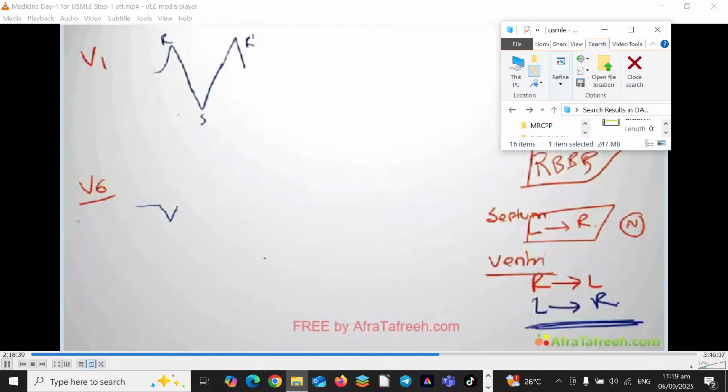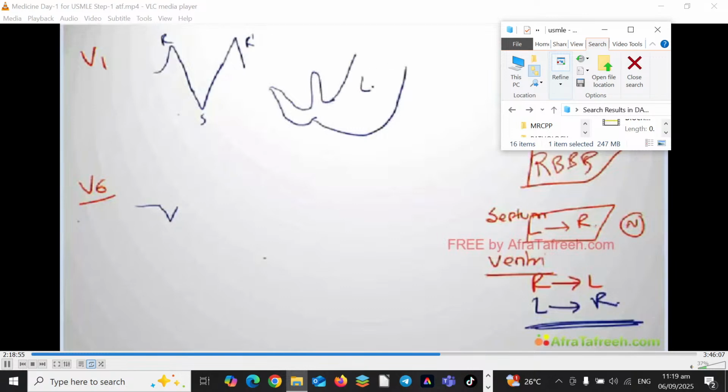What happens now is, when you are talking about the LV and the RV, this is a thin LV, this is your thin RV, and your thick LV and RV. And my lead is placed over here. This is my lead, and it is attached to a wire.